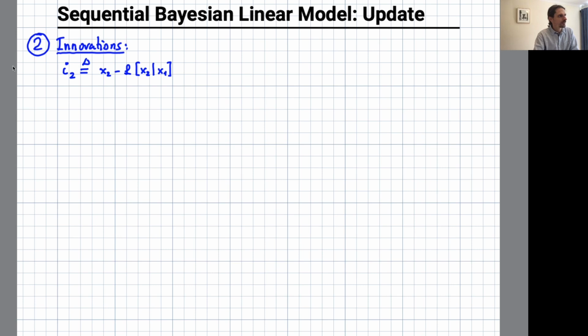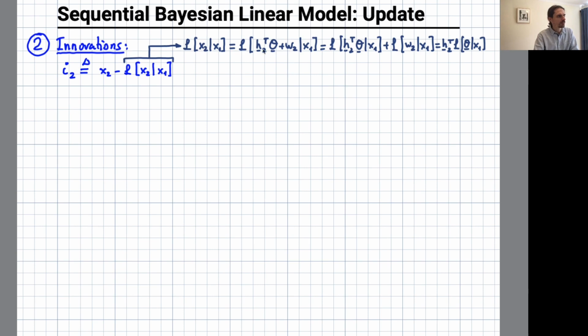As we said earlier, we will be relying on the notion of innovations, which remember is given by x2 minus its LMMSE estimate given x1. So let's obtain this estimate here. We just start by substituting the definition of x2, and now we can apply the additivity of LMMSE estimators that we saw in the previous lecture to obtain this expression here.